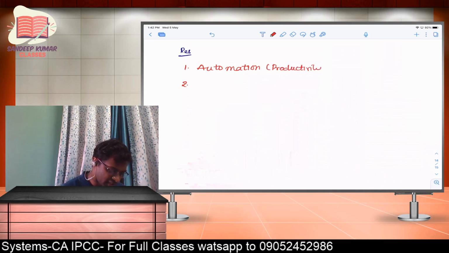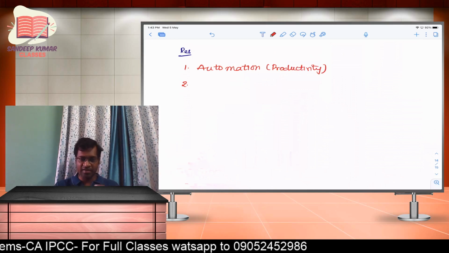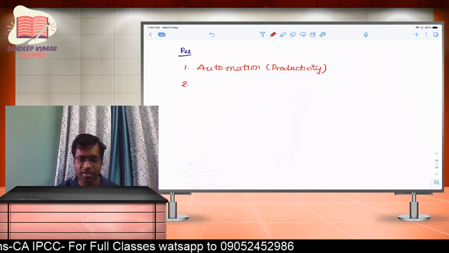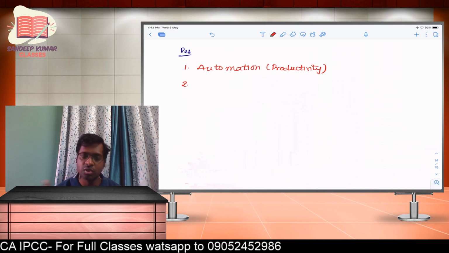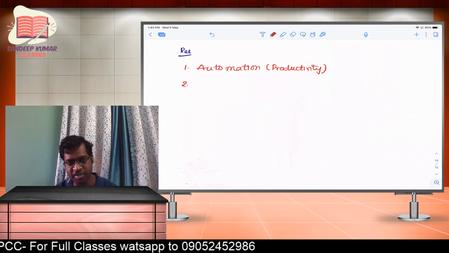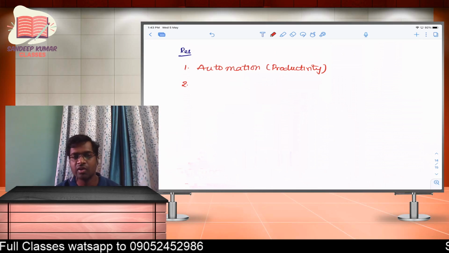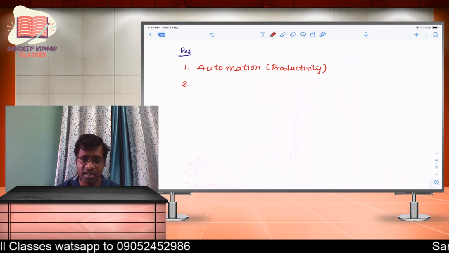Let us say earlier they used to manufacture anything using hands. Now we have machines. What is the difference between manual labor and a machine? Let us assume a manual person takes 1 day to manufacture food.